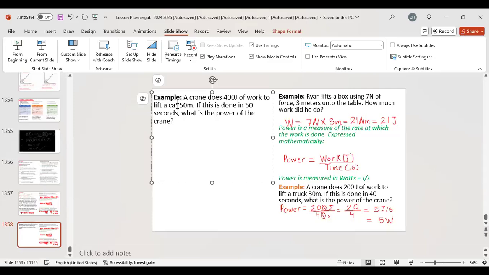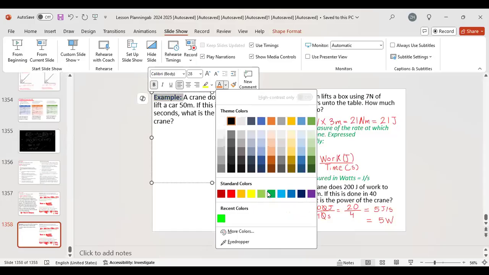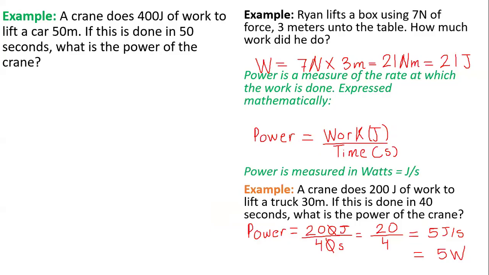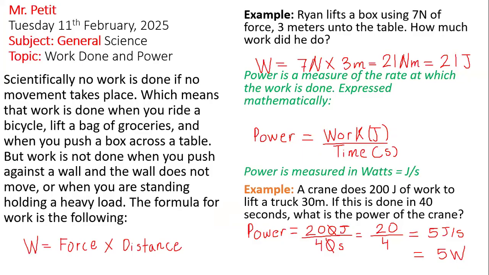Yes, go ahead. I didn't get the notes that they say scientifically. Say it again. I didn't get the beginning piece. Oh, you didn't get the beginning piece. Okay. I got it.